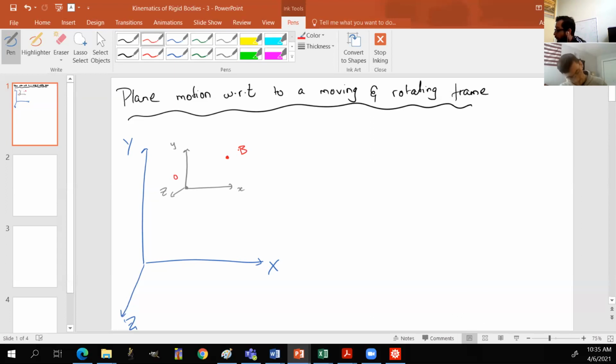All right, but what we're told is that this frame of reference, the small one, is actually rotating. What we're going to do is give it an angular velocity and an angular acceleration, and we're referring to those as capital omega and capital omega dot.